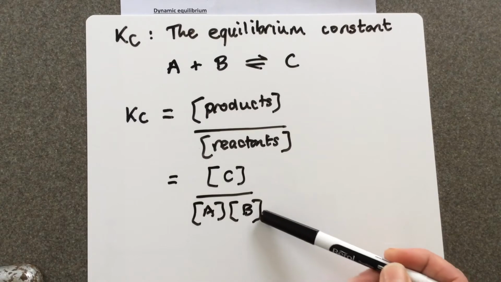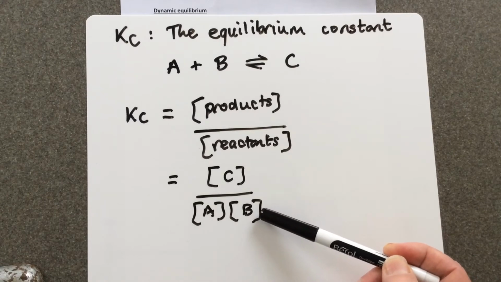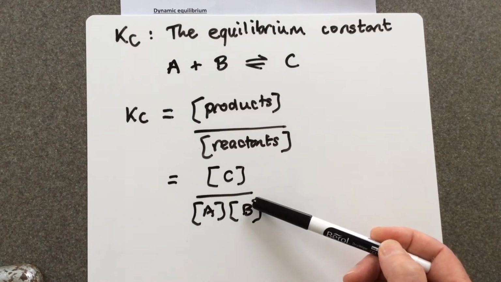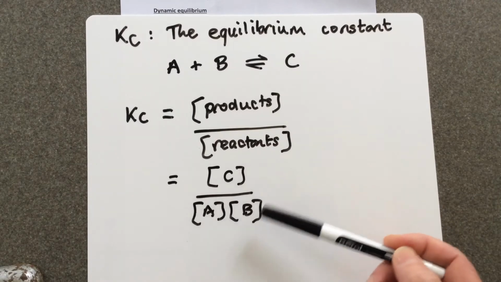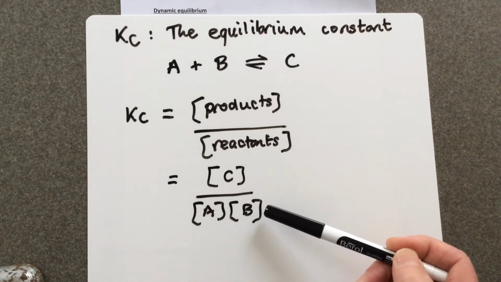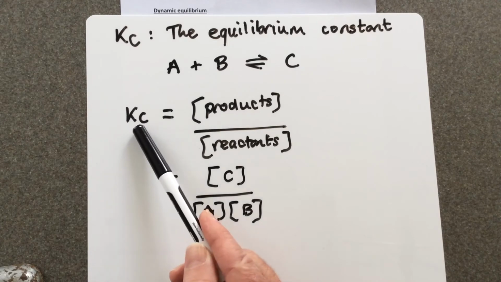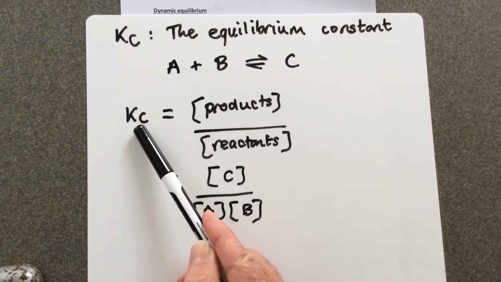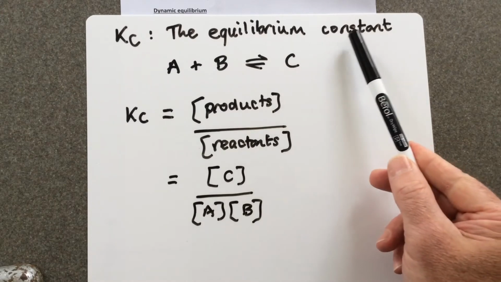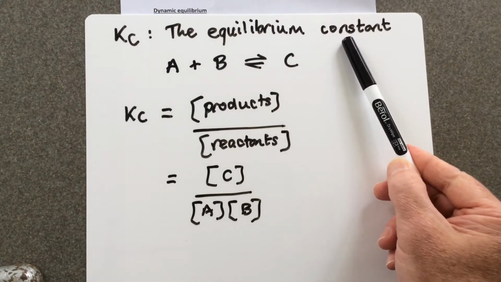You've made the bottom numbers bigger. Well, if you do that, that's going to change this sum. And the consequence of that, having a bigger bottom, would be that Kc will become smaller. And that can't happen because we know Kc is a constant.